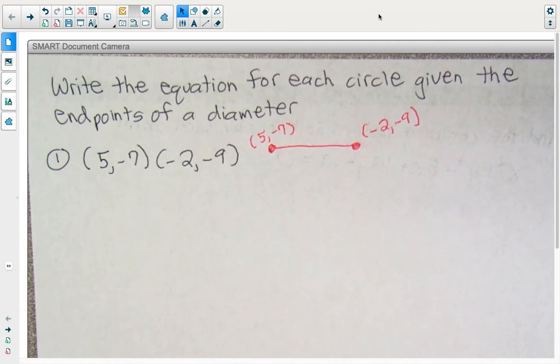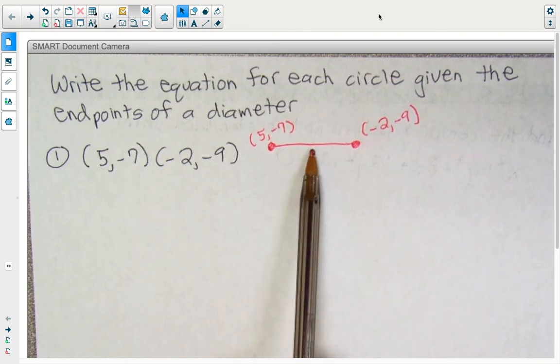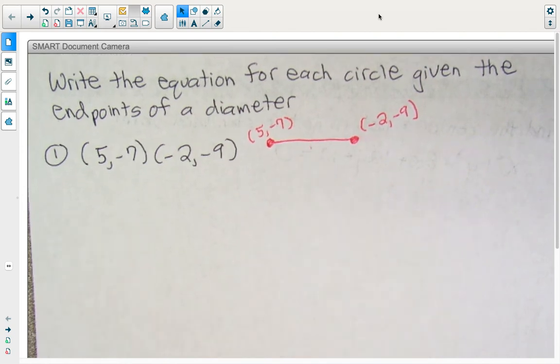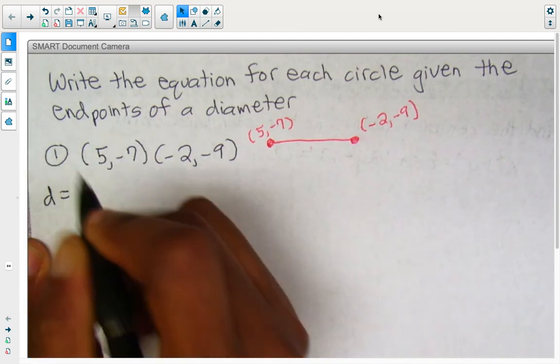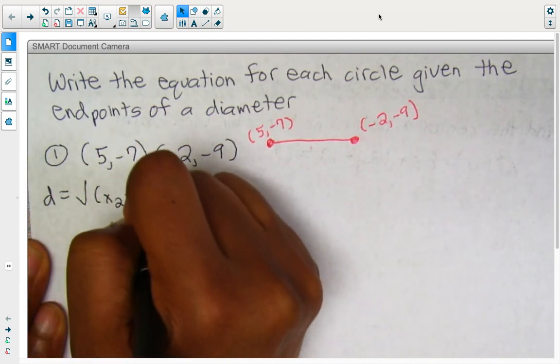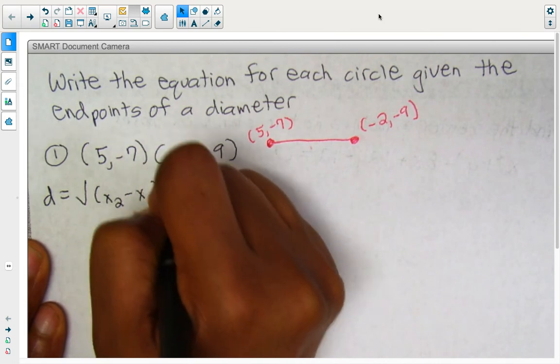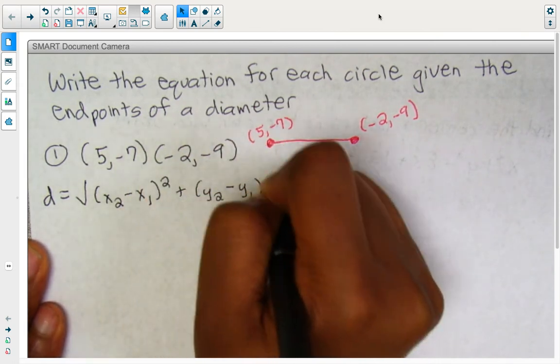So the first thing I need to do is figure out the radius. If they give us the diameter, I need to figure out the length of that, because half of it will give me my radius. So we're going to bring up, again, the distance formula. It may have been a while since you've used it. Our distance formula is the square root of (x2 minus x1) squared plus (y2 minus y1) squared.